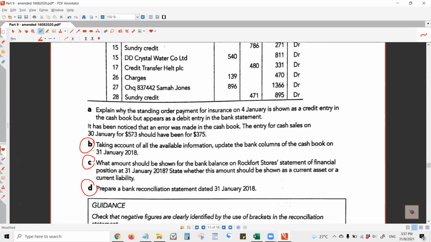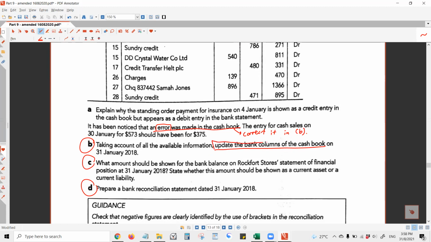This question has an error made in the cash book. This is an error made by ourselves in the cash book. So when you are updating the cash book, you do the correction in your cash book. You have to see what error it is in the cash book. This is not a bank statement error. So you have to correct it in part B, because in part B, you are updating the cash book bank account.